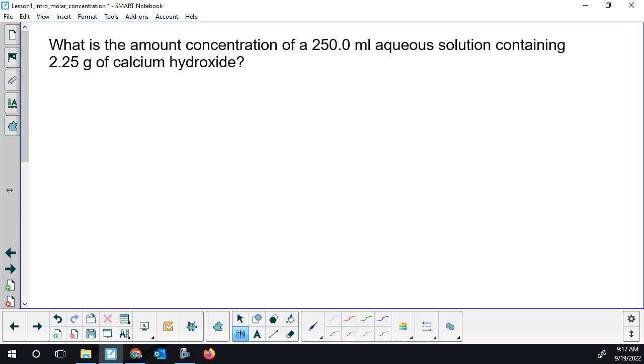Same volume, but we have a little over 2 grams of calcium hydroxide. Amount concentration, n over V.